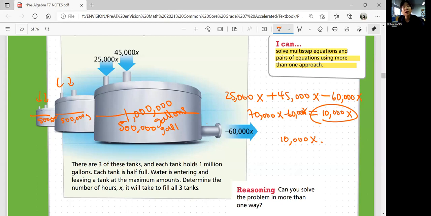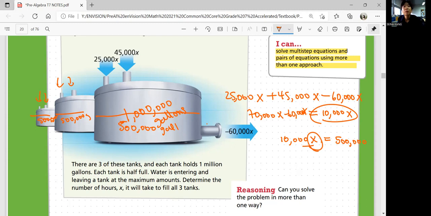Right now, you have 500,000 gallons, so we just need to fill another 500,000 gallons. So how long would it be? We're going to let that equal 500,000. So 10,000 times how many hours? What number would make 500,000 is what we're looking for.